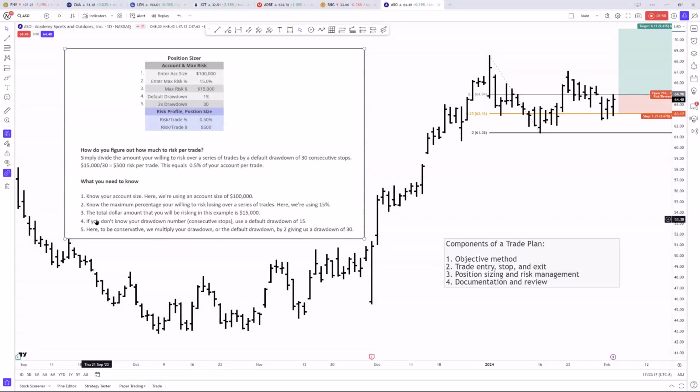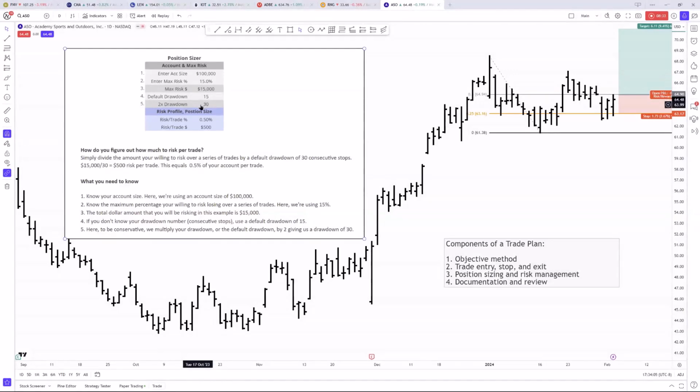Next, if you don't know your drawdown number, consecutive stops, use a default of 15. To be conservative, I'm going to multiply your default by 2, giving you 30. So basically, you're going to use 30. And it's that simple. We take 15,000, which is what I'm willing to risk for this exercise, 15%, and divide it by 30.